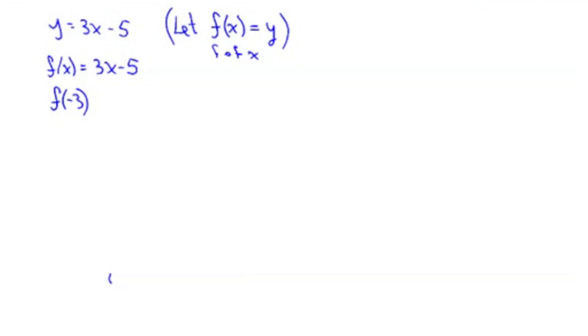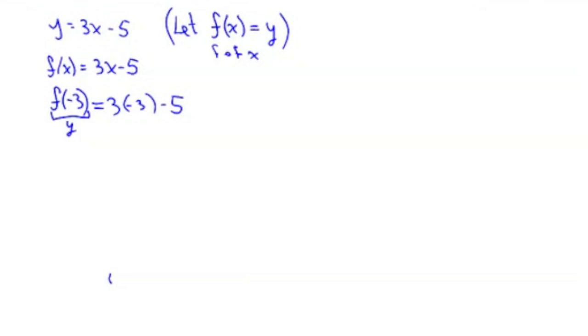So when I say f of negative 3, this whole thing represents y. So it tells me both of them at the same time. It tells me what x is equal to, and it tells me how to get to y. And then the process is exactly the same. Whatever goes in this set of parentheses goes in this set of parentheses. So if I plug in negative 3 here, what do I plug in here? Negative 3.